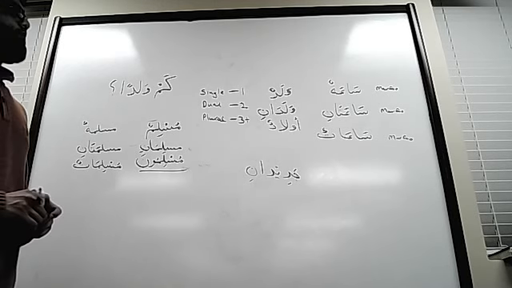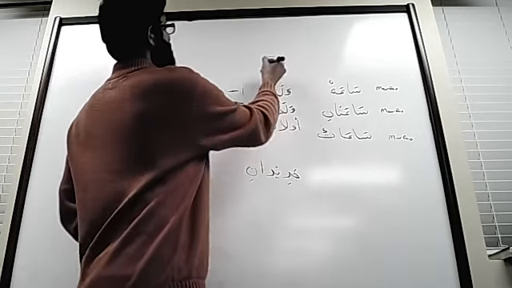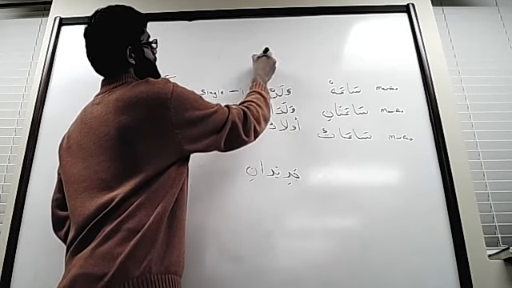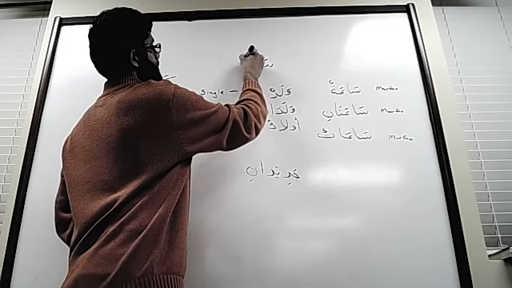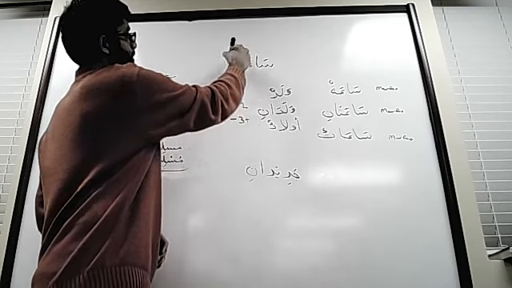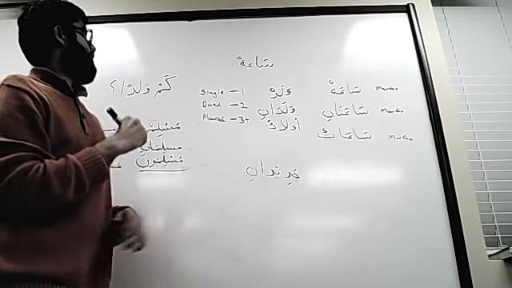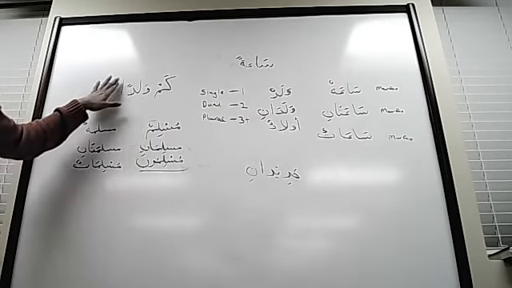A noun ending with a round ta marbuta does not take this alif. So if I'm writing ساعة, I'm not going to put an alif. But if I'm writing waladan, I do put an alif. It's a spelling rule. You just have to follow it.